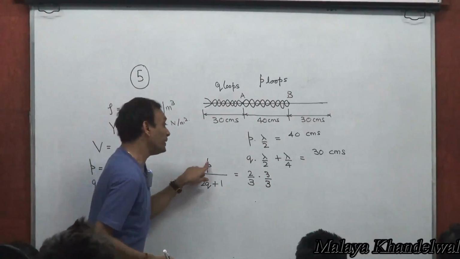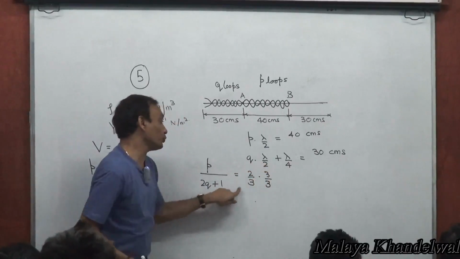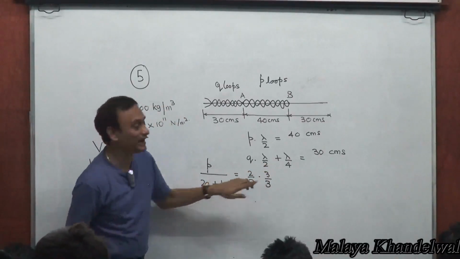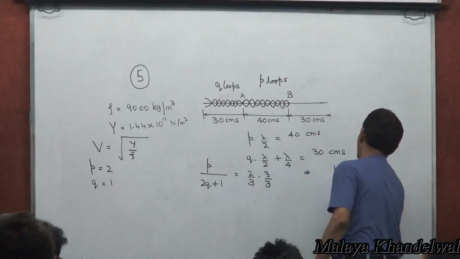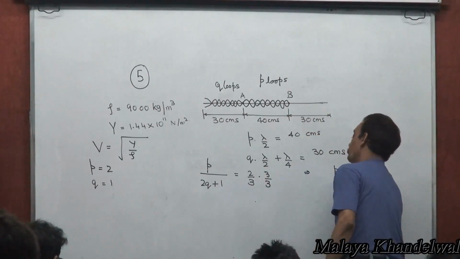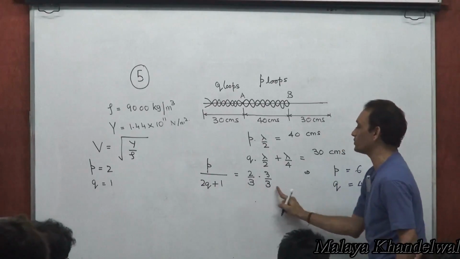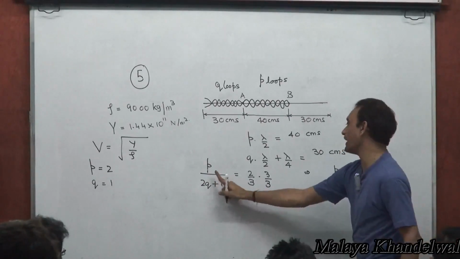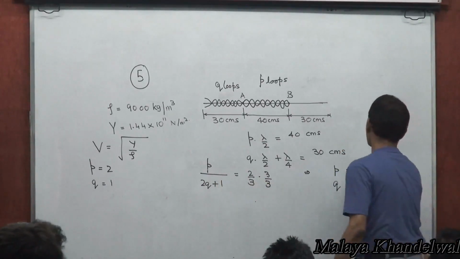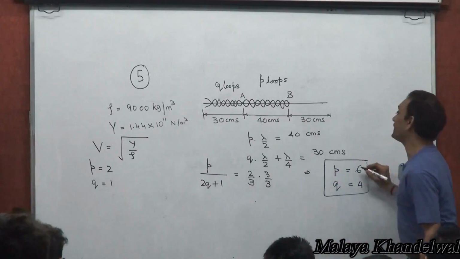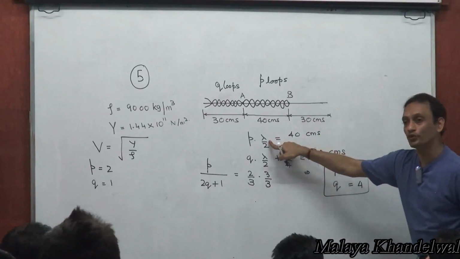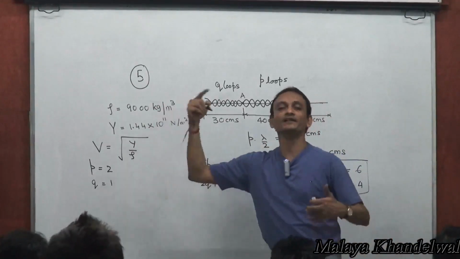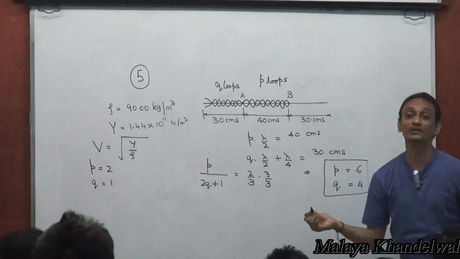Now, P can be 6 and 2Q plus 1 can be 9, right? So this gives me the next higher mode of vibration, P equal to 6 and Q equal to 4. So in the next higher mode, I know P equal to 6, and therefore I know the lambda for that mode of vibration. V by the new lambda will give me the new frequency.